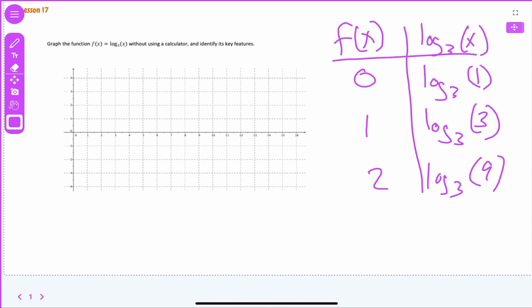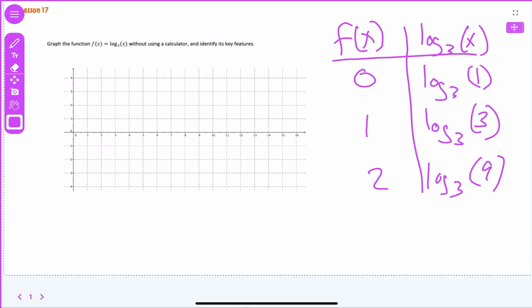No. 3 to the 0 power is 1, but I want to know what can we get to get the 0? This is the whole reason why you can't have a 0 or a negative number. Okay? It has to be greater than 0. So that means we're not going to touch this y-axis because x cannot be 0, right?